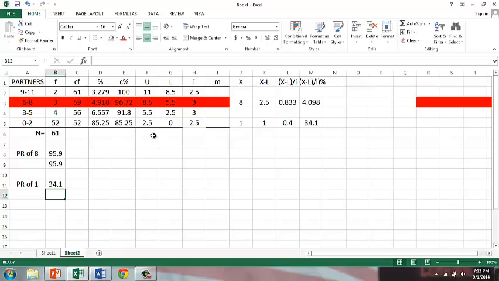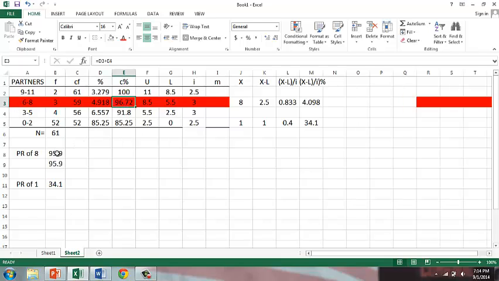One way to check whether your answers make sense is to look at the cumulative percentage column. For example, 85.25% of the sample has between 0 and 2 partners. 34.1% is less than this cumulative percentage, which makes sense. For our first question, we were interested in the percentile rank of a score of 8.